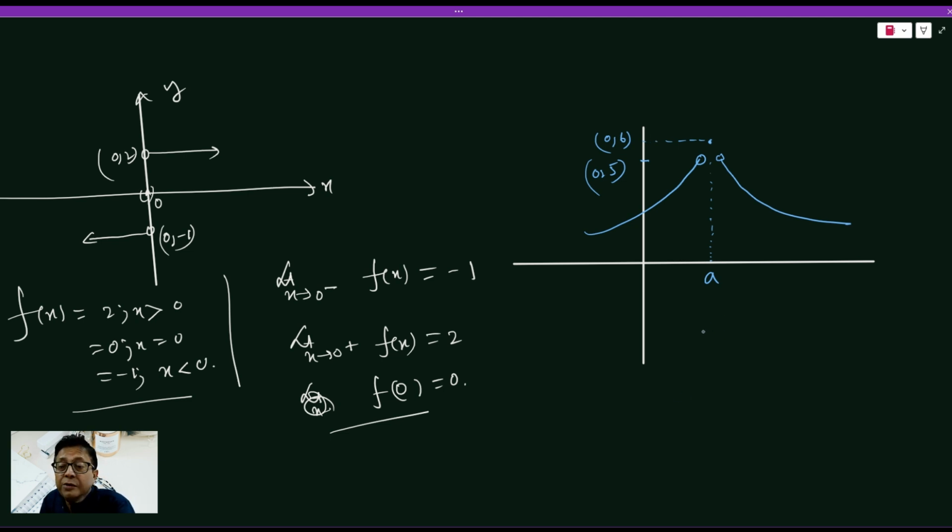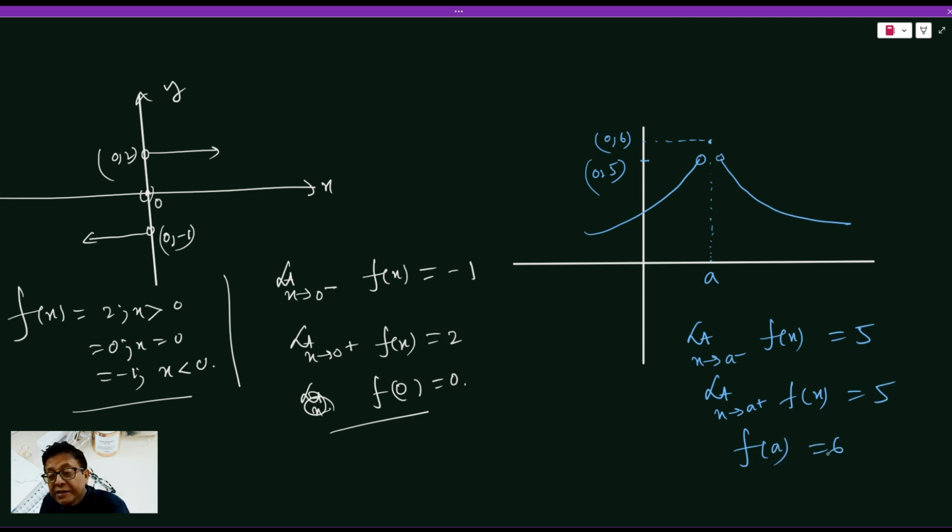Limit x tending to a minus f(x). What will you say? This is equal to 5. Limit x tending to a plus f(x). This is 5. But what is f(a)? That is 6.